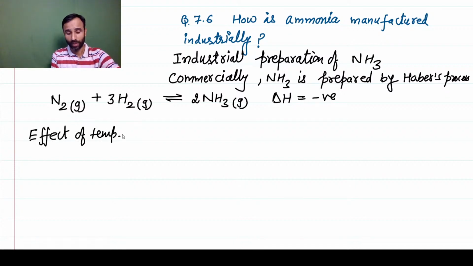As the reaction is exothermic, exothermic reactions are favored at low temperature. But if the temperature is very low, the reaction is very slow. Why? Because there is an N triple bond N, and nitrogen is unreactive or inert at room temperature.